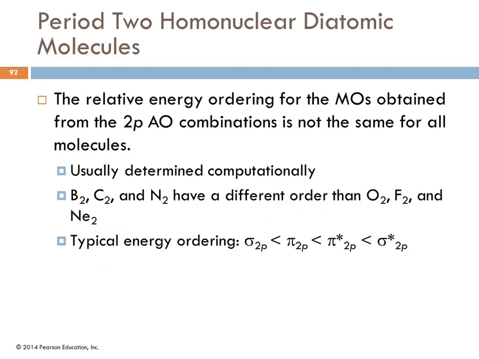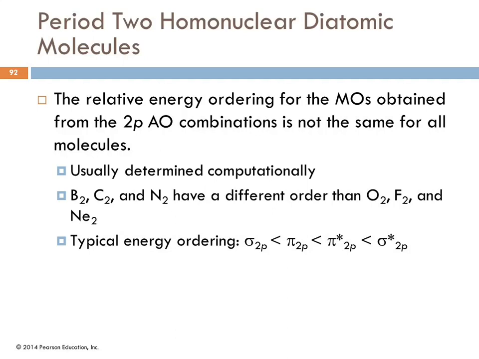So when we put these orbitals together, the relative energy ordering for these 2p combinations is not the same for all molecules. So that's kind of a bummer. For boron, carbon, and nitrogen, the order is different than for oxygen, fluorine, and neon. How do we know this? This was determined computationally.